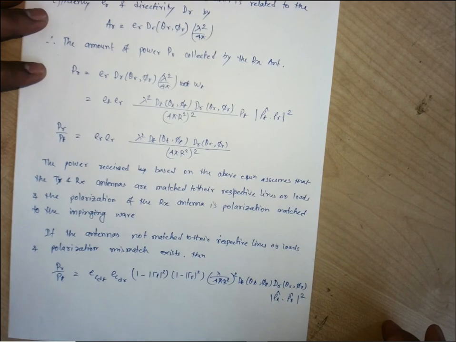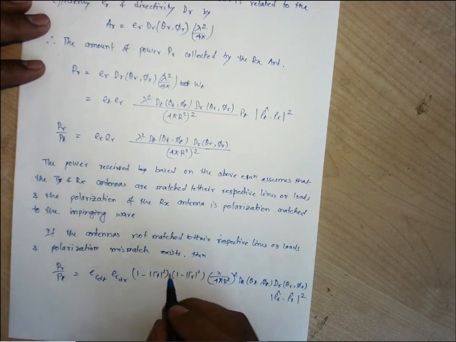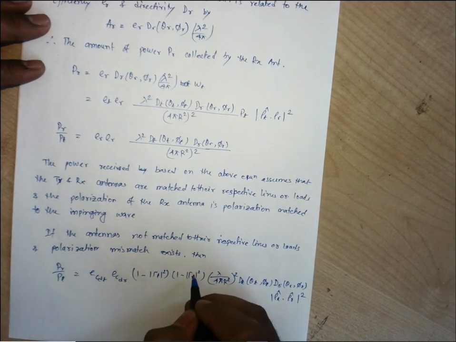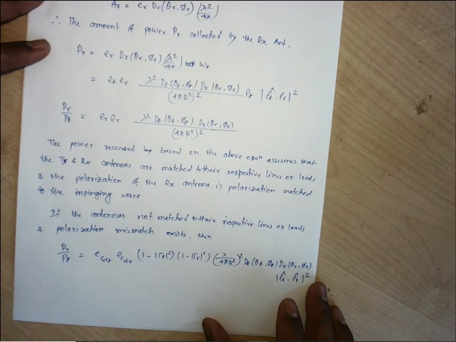So for reflection and polarization matched antennas aligned for maximum directional radiation and reception, the reflection coefficients and all those things will be 0, and we can have the maximum radiation and reception.